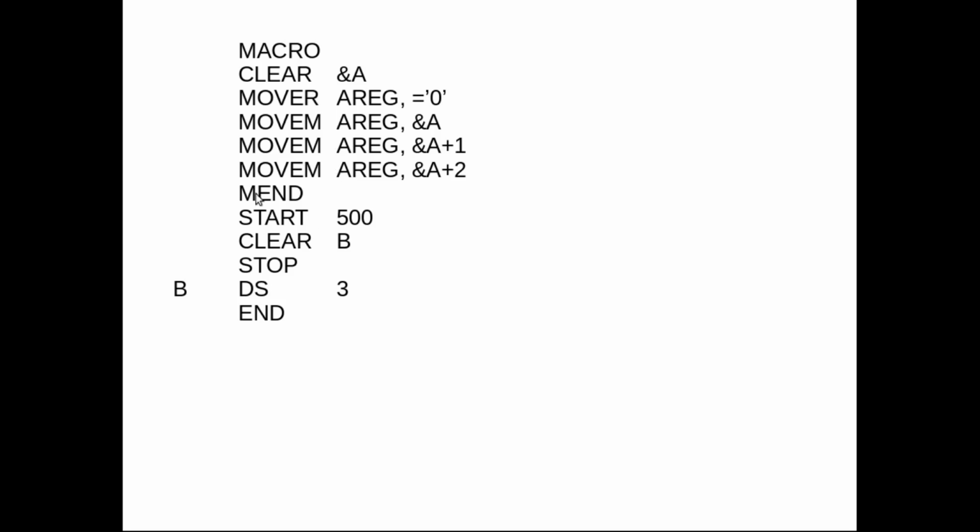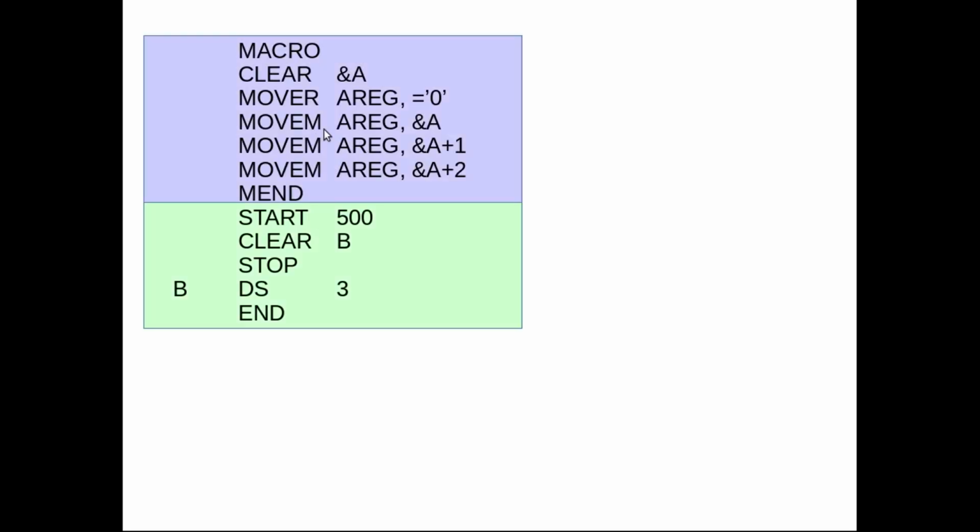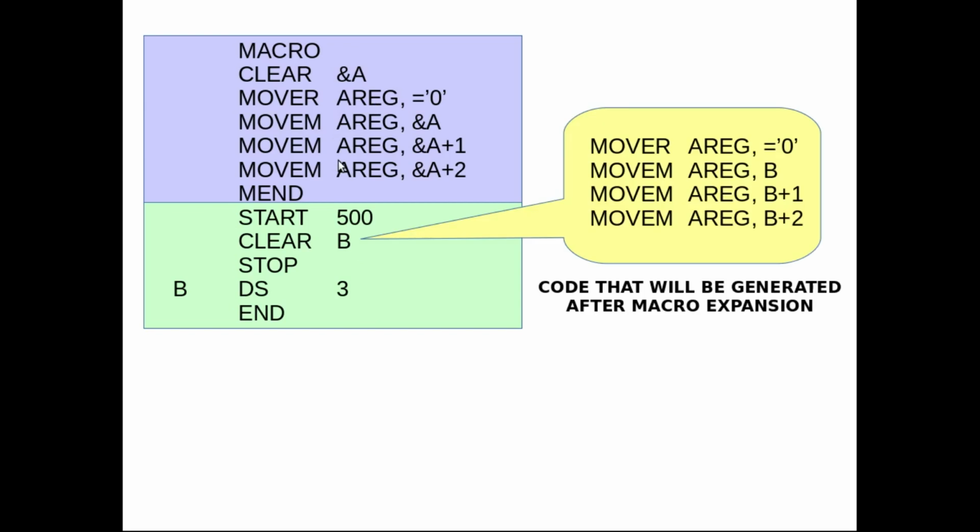So this is the complete program where we have the macro definition and the macro call and the main program. In the main program we have the macro call, and now if we perform the macro expansion for this macro call, we have to generate all the model statements. Here we have 4 model statements, so these 4 model statements will be generated, and as we generate we have to replace the formal parameter a by the actual parameter b, and this will be our final generated code.